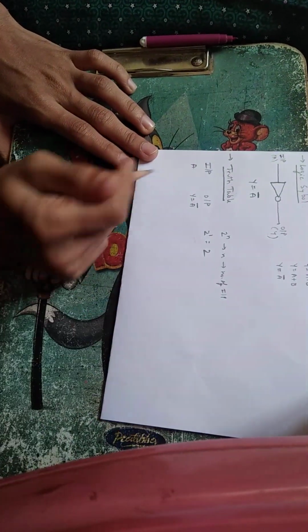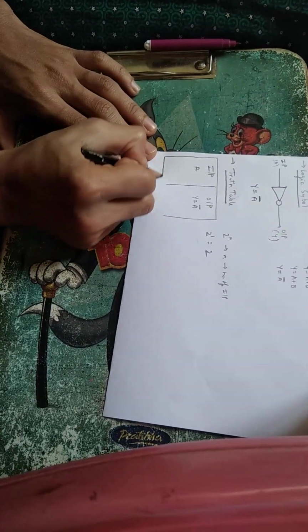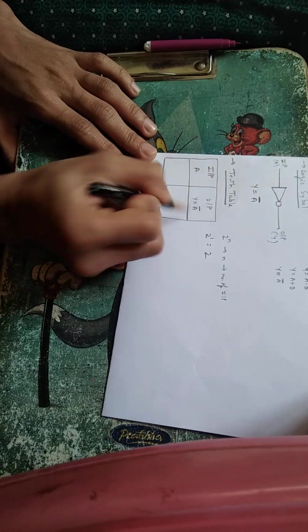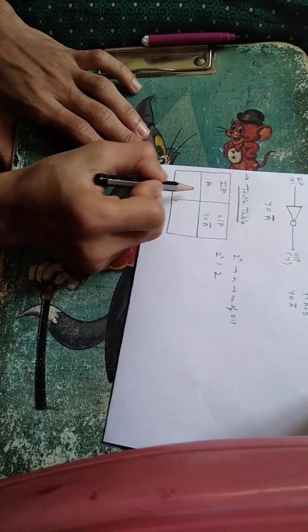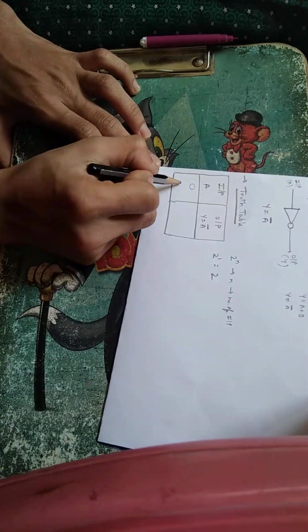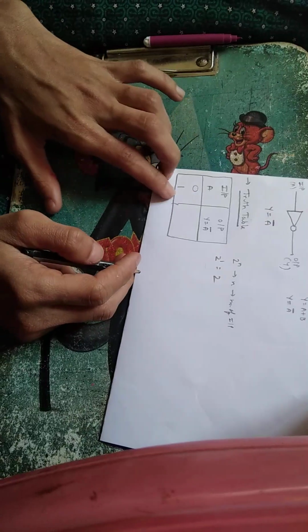There are only 2 possibilities. So divide this truth table: input separately, output separately. After you divide, there are only 2 input combinations. A can either be 0 or 1.